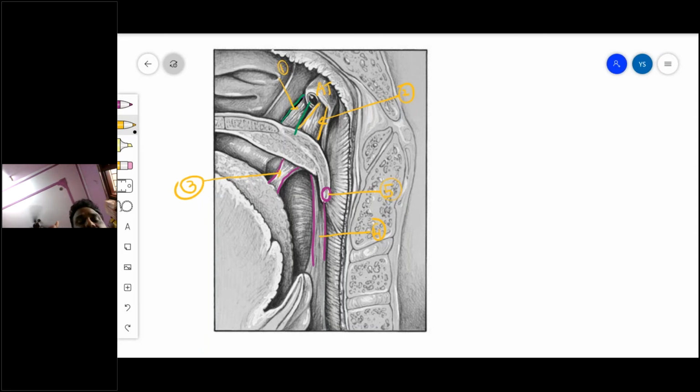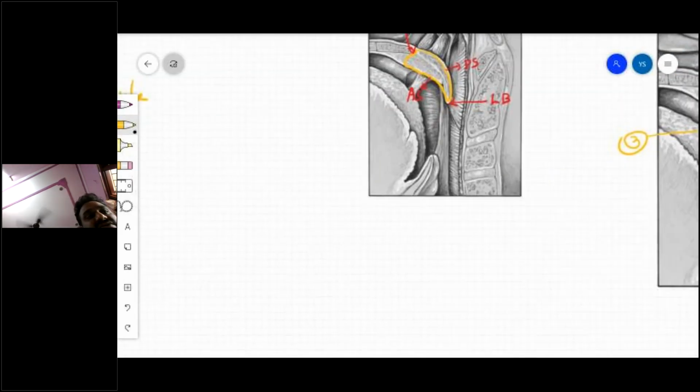And number 5, muscularis uvulae, present inside the soft palate at the lower free margin. So these are the 5 muscles: 1, 2 above, 3, 4 below, number 5 within the soft palate only. These are the muscles of the soft palate.